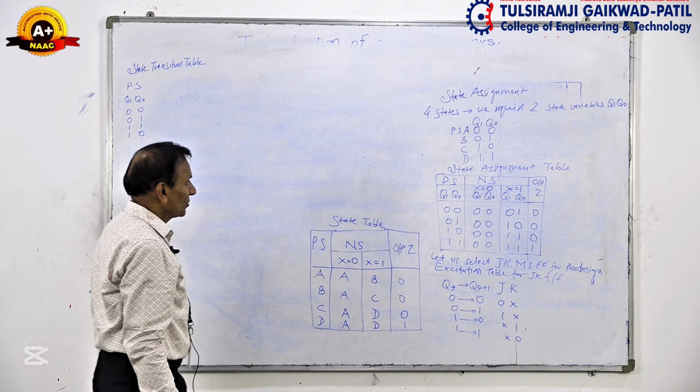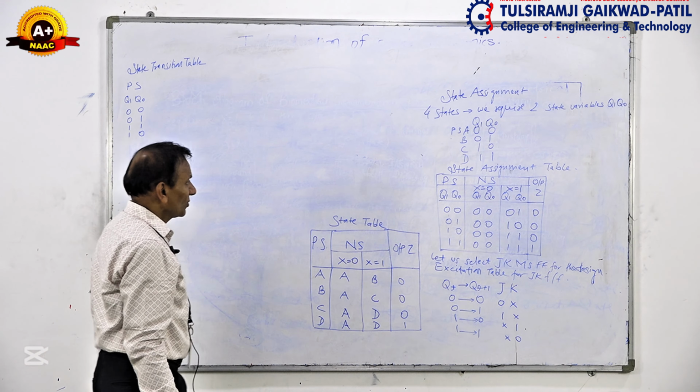Okay, and let us have the excitation values of JK flip-flop. Excitation table. We will require here 2 flip-flops. So JK, okay.